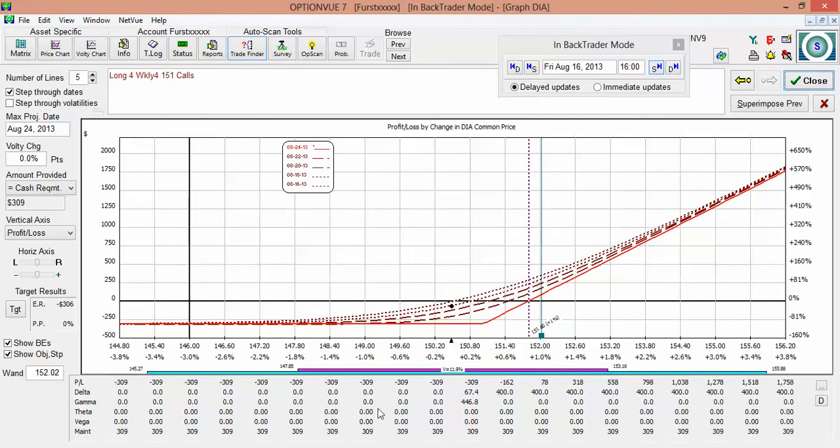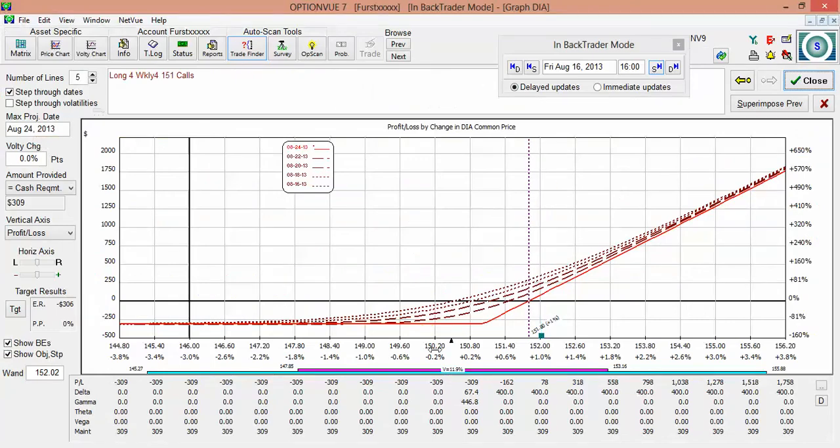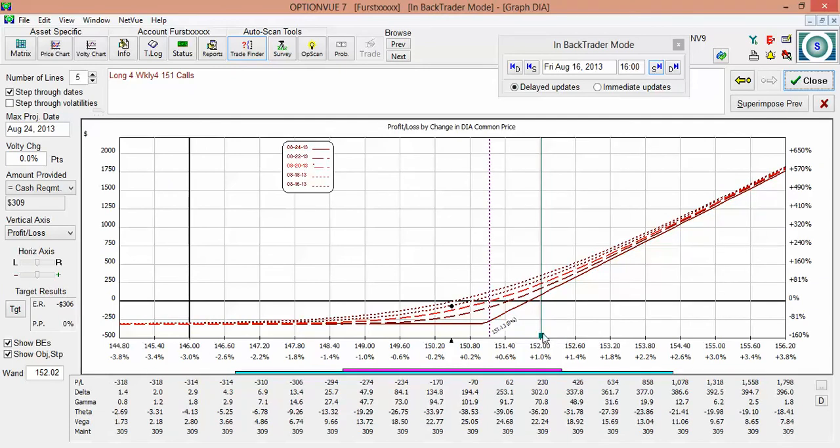If we were to get back up to that 152 range and even 153.50, if it happened on Monday, we'd be spending another $300 to bring in about $240. It's not too bad. If we were to go all the way up to 153 and change, again, we'd make about $650 with a $300 exposure. So the risk reward on this looks relatively good.